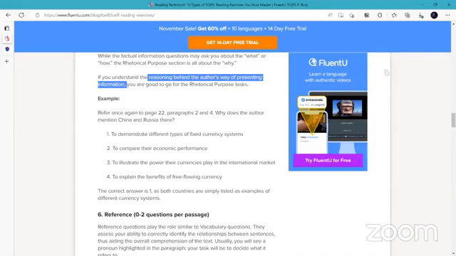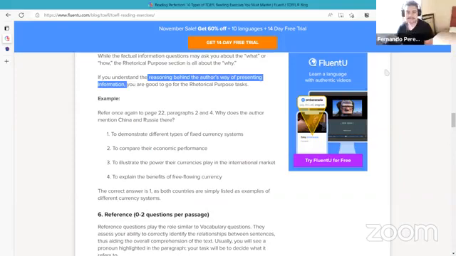I think one of the most important challenges is the tricky way that the exam is done. Why?